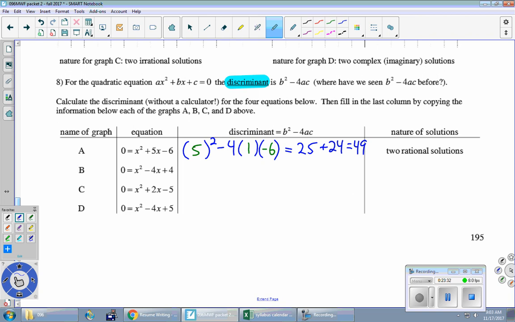Okay, so let's calculate 3 other discriminants. We'll do these ones just a little bit quicker. b squared, that is negative 4 squared, minus 4 times 1 times 4. b squared minus 4ac. That is positive 16. Subtract 16. That discriminant is 0.